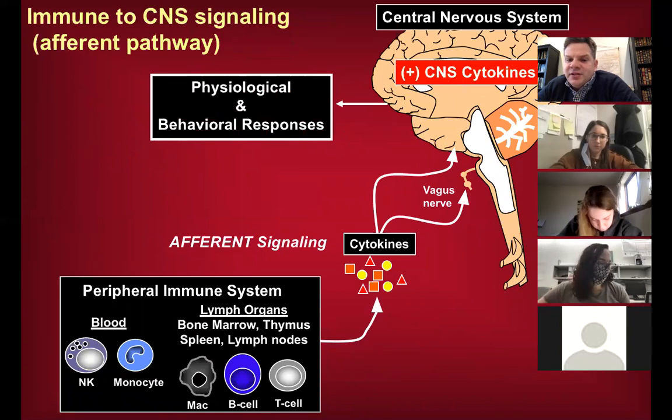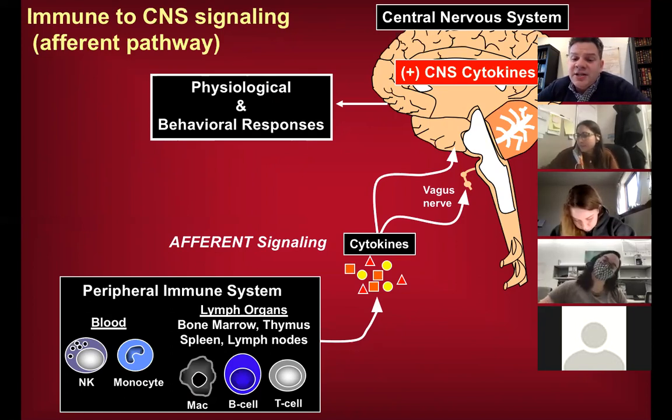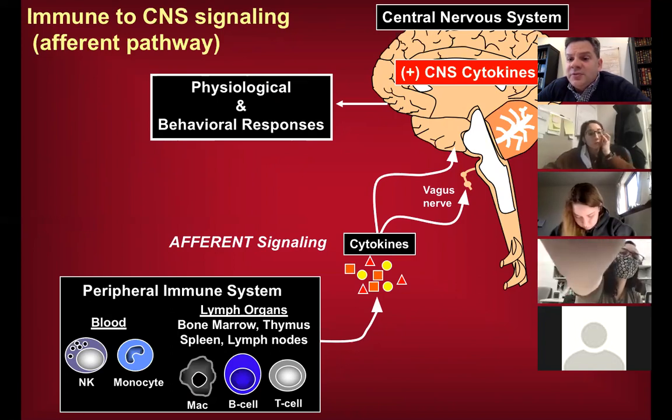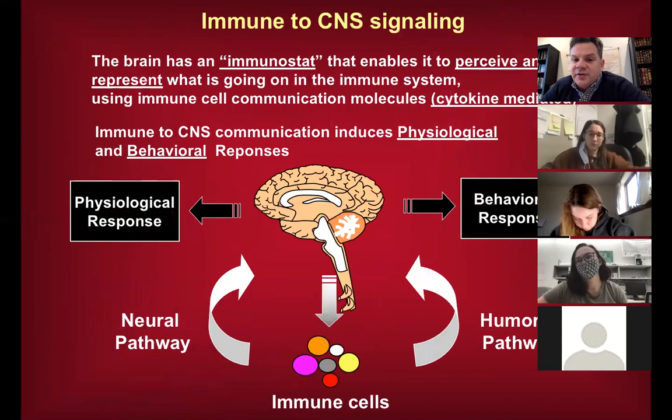We're going to start here with what happens in the immune system. The cell gets activated. Let's say it gets activated to a bacteria through toll binding, and then we have NF-kappa B, and then we have cytokines produced. How do these cytokines signal the brain? We'll talk about that, and we'll talk about how the brain recapitulates that signal, and ultimately how behavior and physiology are affected.